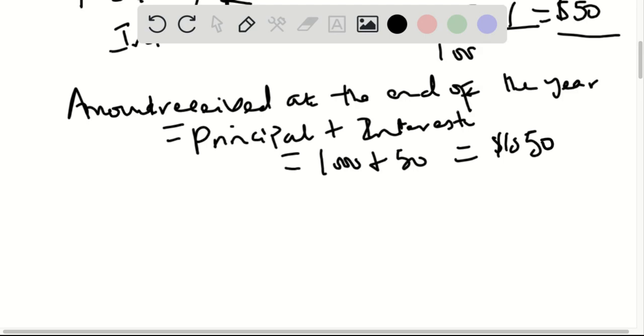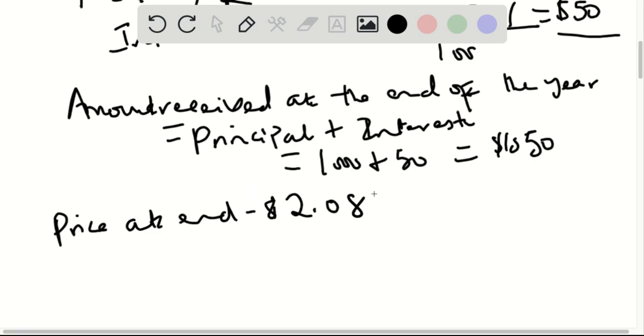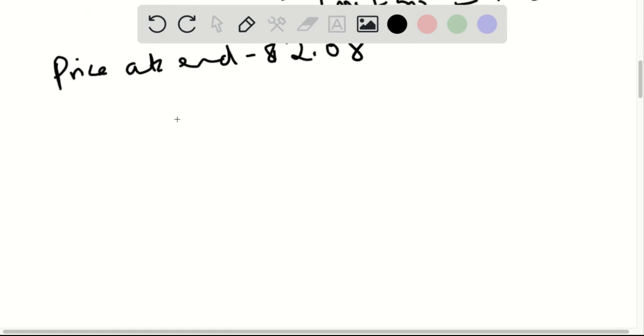Now moving on, the price of burgers at the end is $2.08 from the question, and the number of burgers purchased will be found by dividing the money at the end by the price at the end.